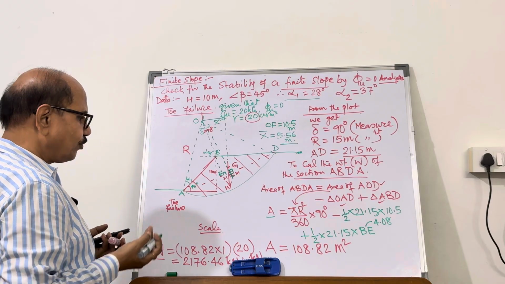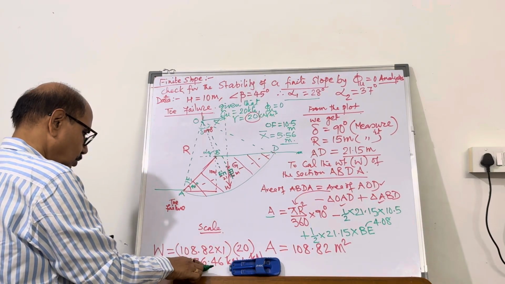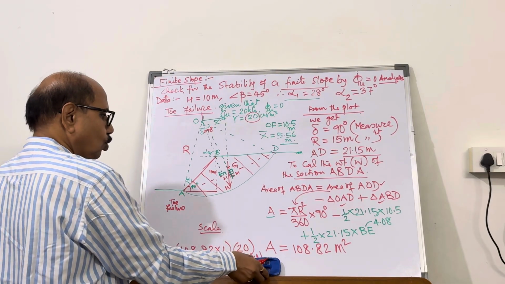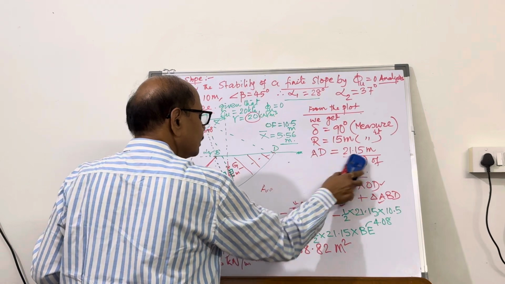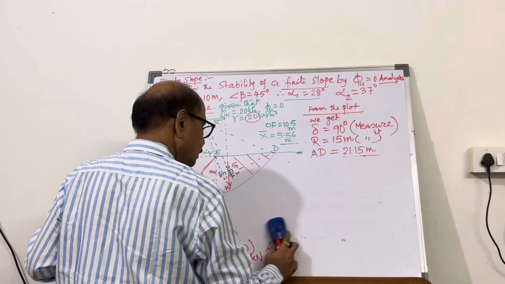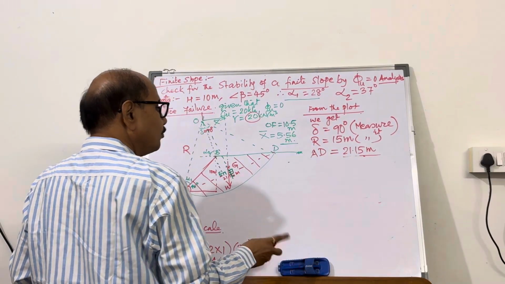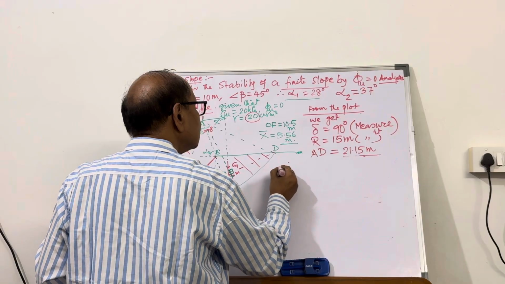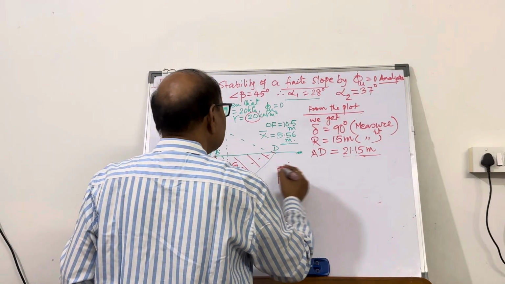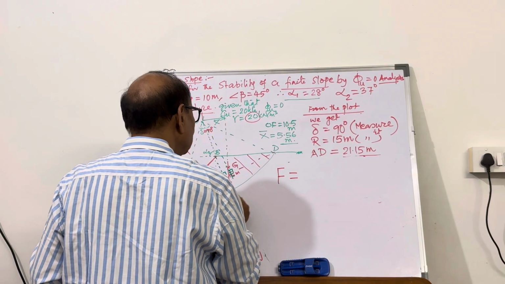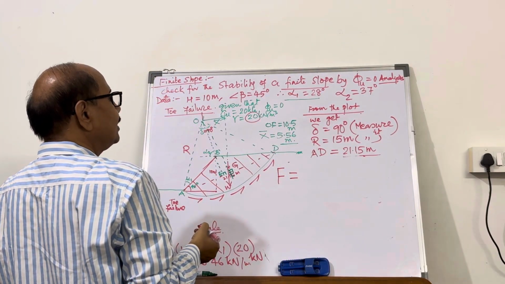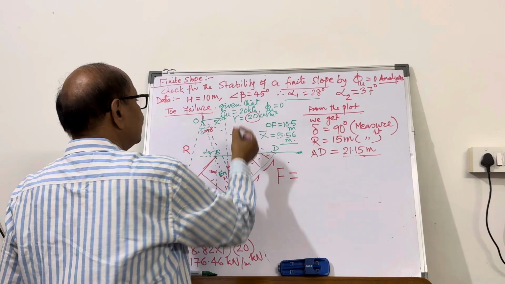Now, having got all the information, let us find out the factor of safety. So the factor of safety for a finite slope by phi equal to 0 analysis is given by Cu, which is given over here as 20 kilopascal.